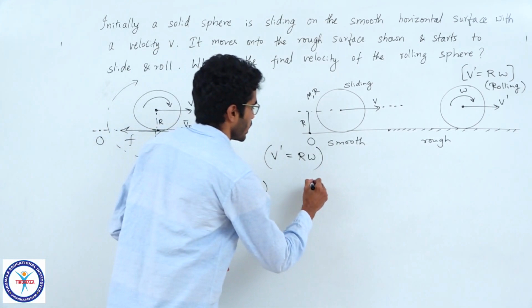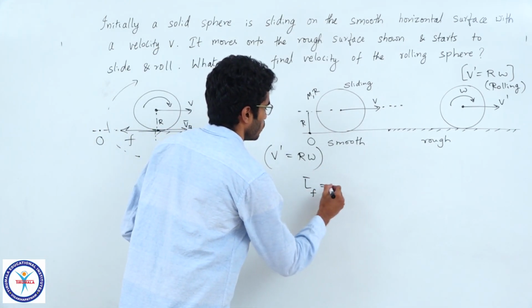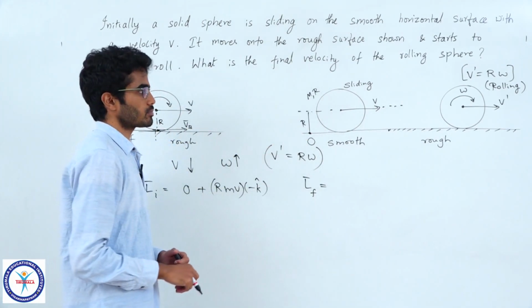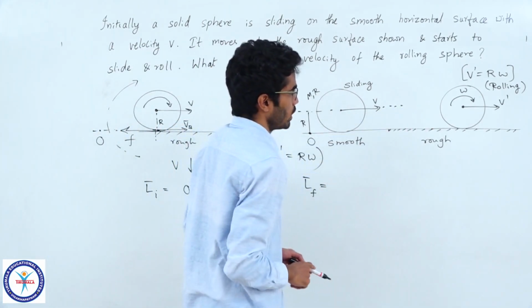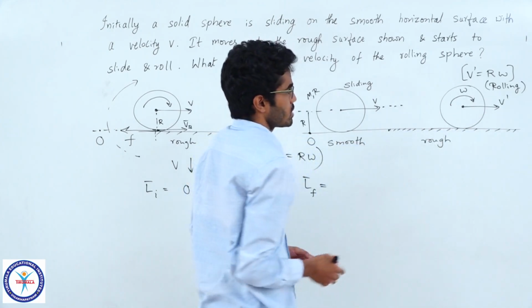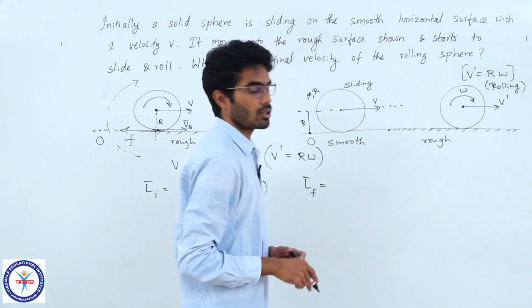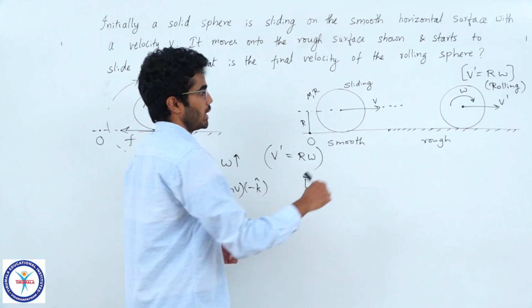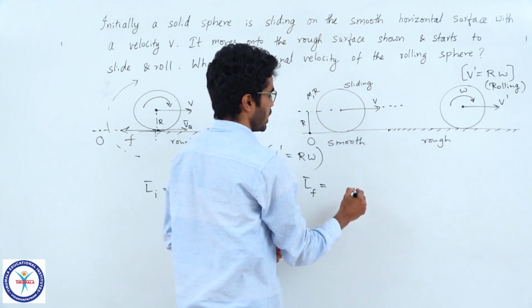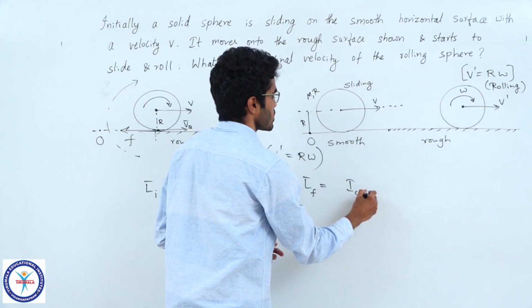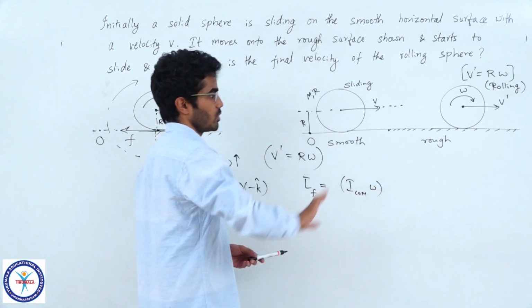Now, let us write the angular momentum for the final case. Now, when it is rolling, let us say the final velocity is v dash and it has angular speed omega. Now, angular momentum about center of mass will be I center of mass into omega.